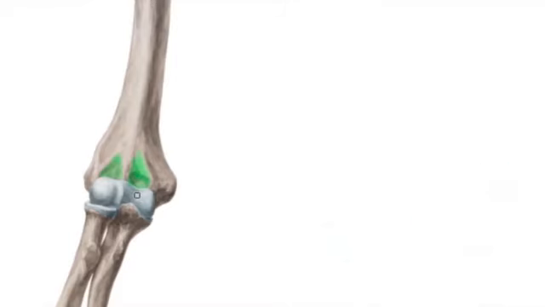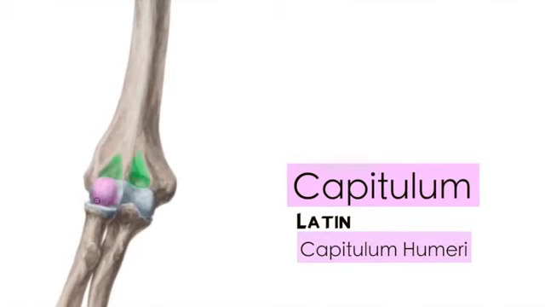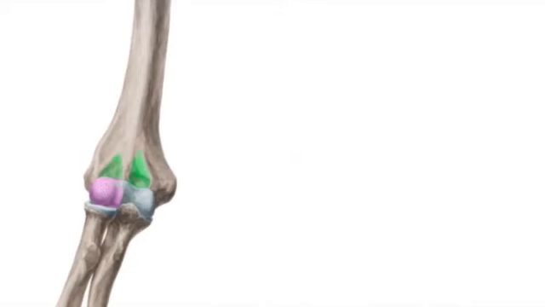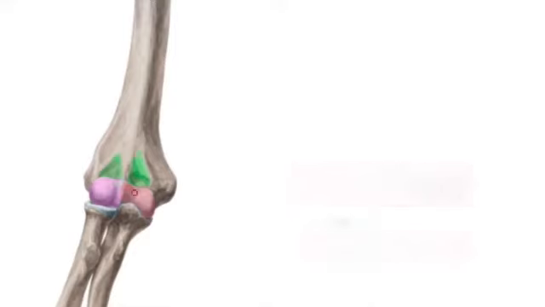Here you will also find a structure known as the capitulum, and this structure is going to articulate with the radius. On the opposite side, medially to it, you're going to find another structure known as the trochlea, and this is what's going to articulate with the ulna.